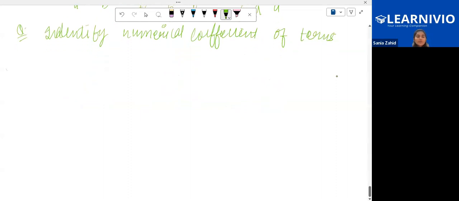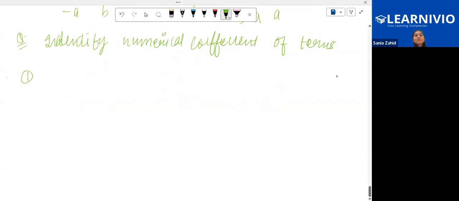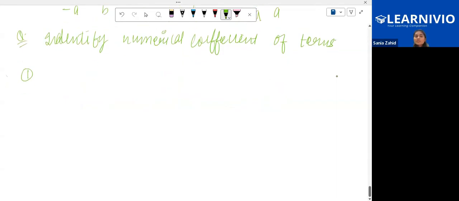So what do you mean by numerical coefficients? If the question is to find the coefficient of the term, let's suppose you have 5 minus 3t square. Coefficient is the thing that is attached to the variable. Suppose I'm saying find the coefficient of t square. So the coefficient of t square is obviously minus 3.